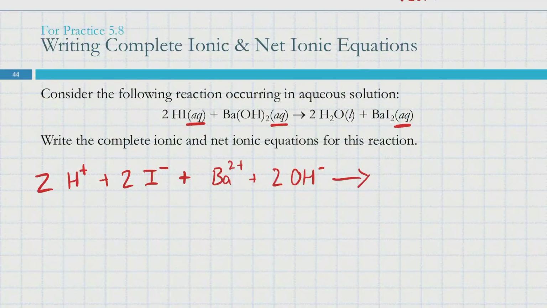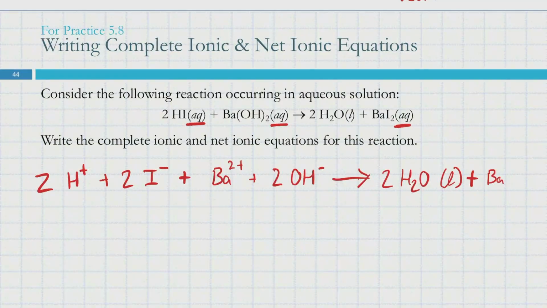So we write in our arrow. And then next up is our 2H2O. This is a liquid, so we just write it in as 2H2O with the L after it to let us know that it's liquid. Then we get to another aqueous product, because this is an aqueous product.